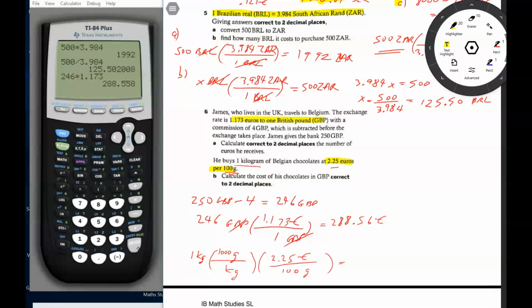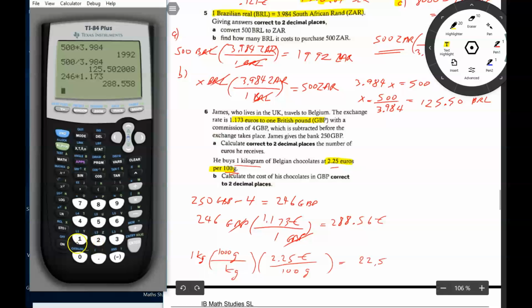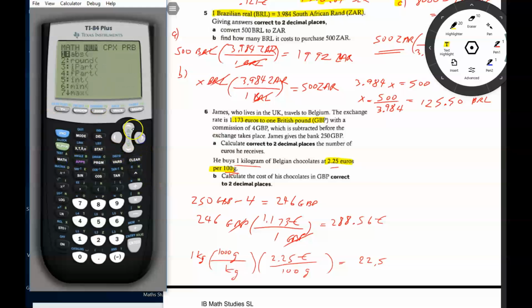Okay, so now I'm going to multiply all this out. So I got 1,000 times 2.25 divided by 100. That should give me 22.5. I'm just going to make sure here. Oh, you know what we're going to do? We're going to do the math thing. Go to math, number, and we do n divided by d. And on the top, we're going to put 1,000 times. This is just to make sure you can do a hard problem, even though this is an easy one.